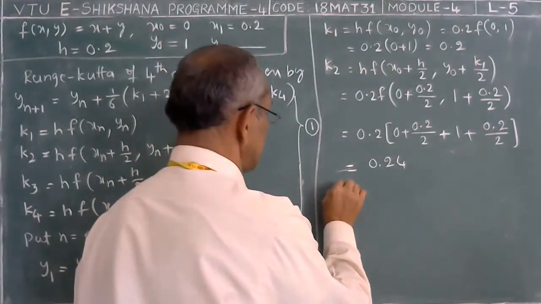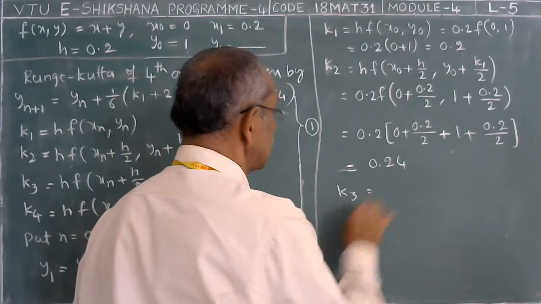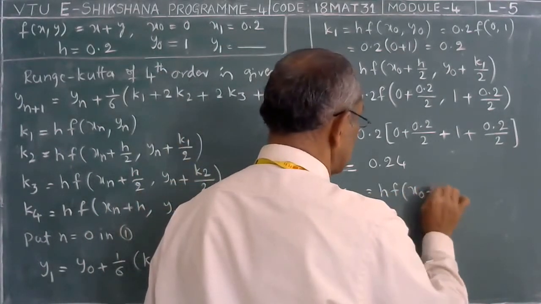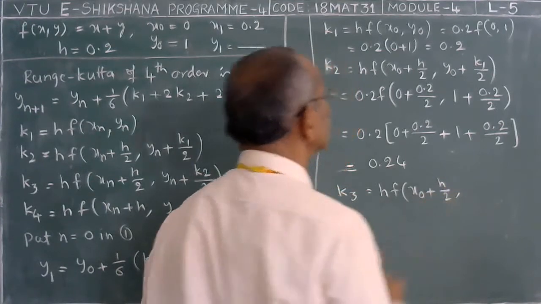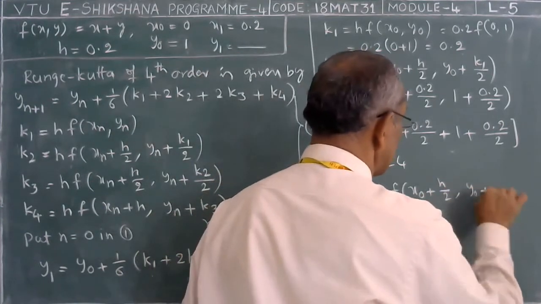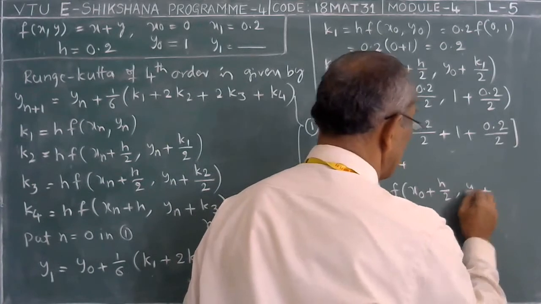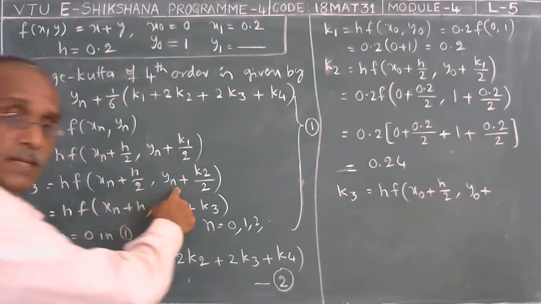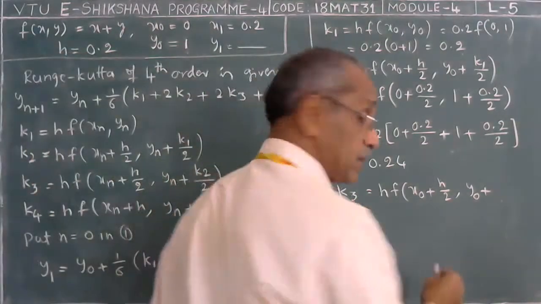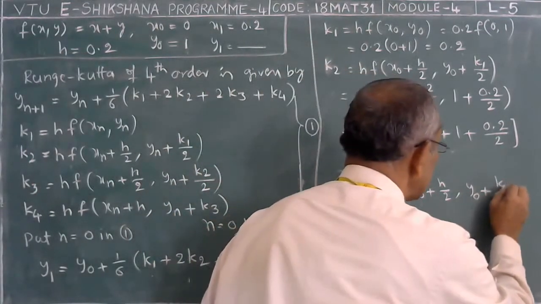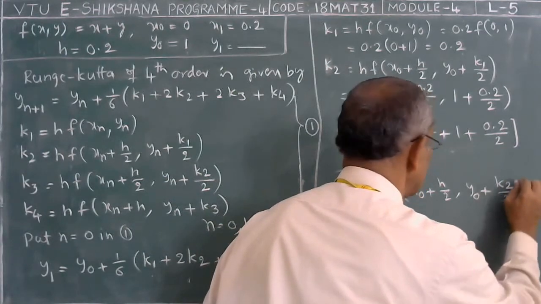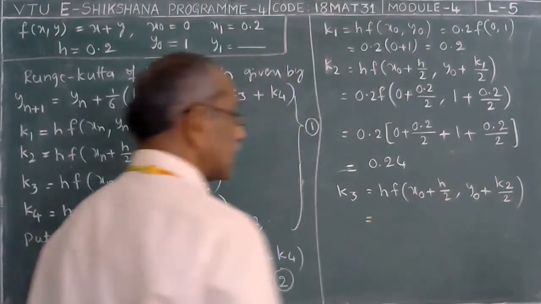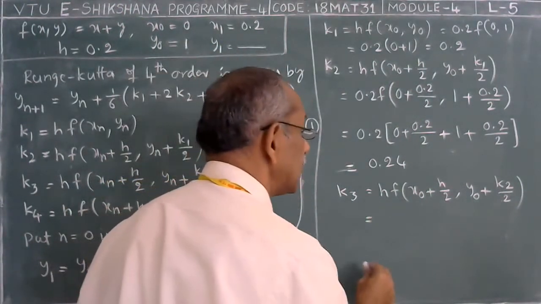Similarly, K3 is equal to h into f of x naught plus h by 2, comma y naught plus k2 by 2, right? Substitute the values for x naught, h and y naught, k2.